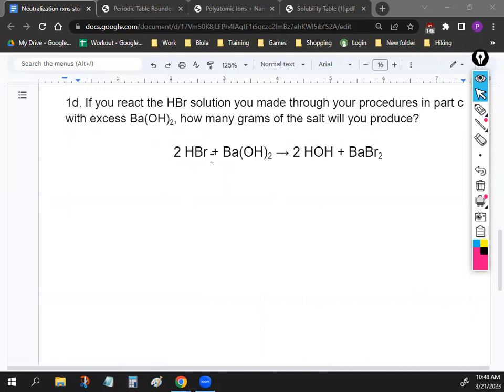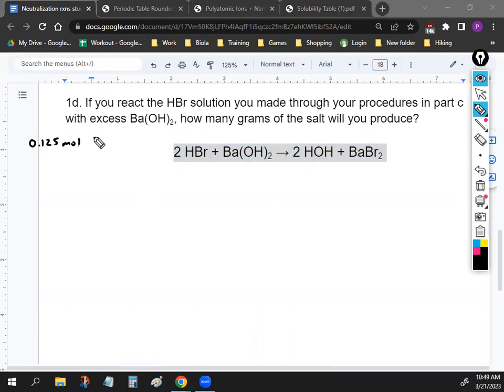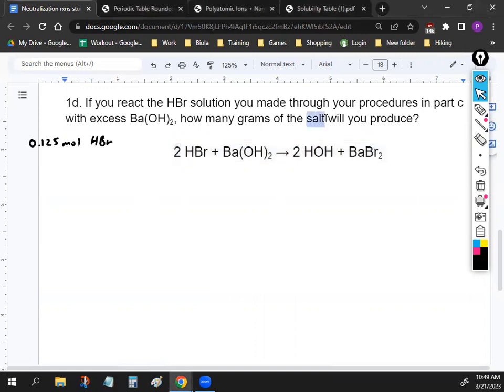Okay, so you don't need to copy this equation down right here either. And you guys don't need to write this number down. I'm just going to put it down for our reference. Okay, but what we're going to be doing is taking all the info that we got, and we're going to figure out basically how much salt is created. So the first thing we want to do is figure out our starting number, okay, what our starting number is, and whatever we want to end with.